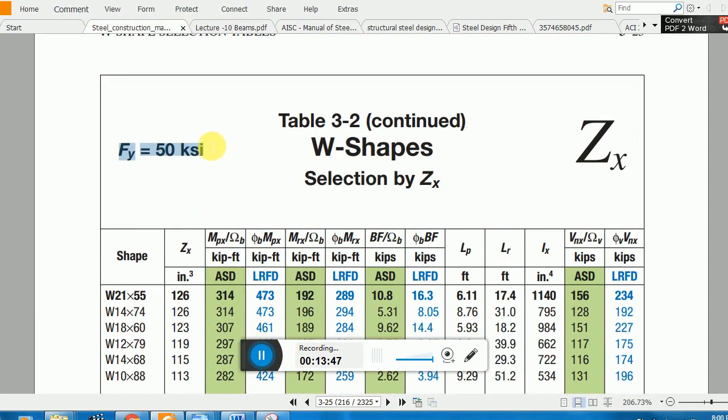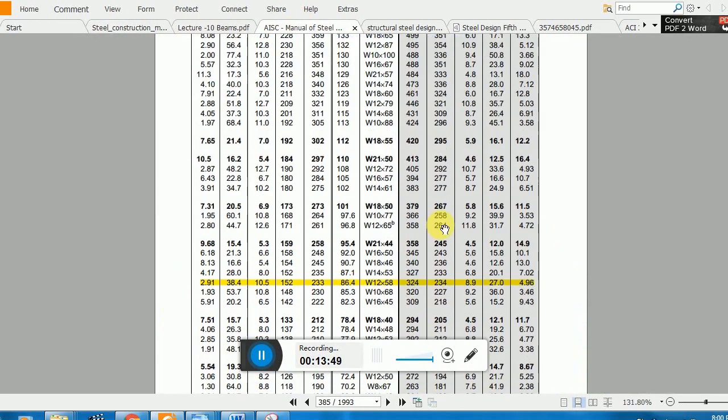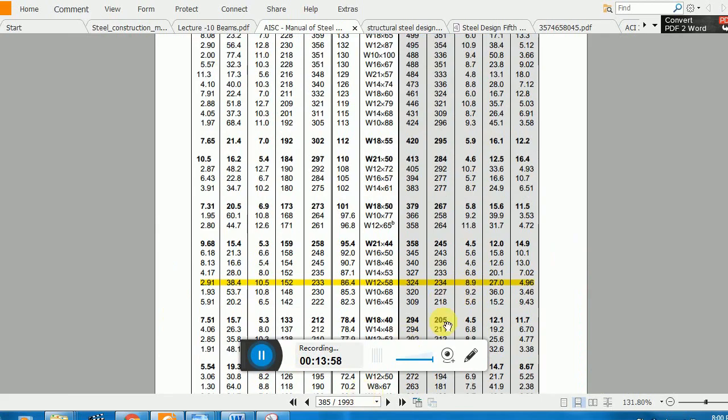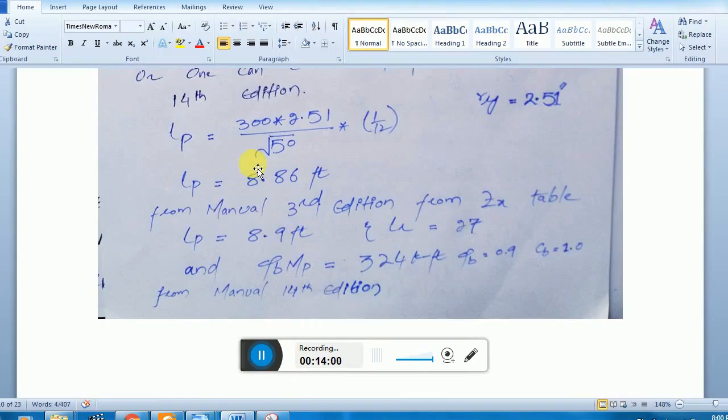Make sure. And here you see 12x58 has an Lp value of 8.9, I think. Yes, 8.9. So we are close. You can either calculate it or select it from the manual, 8.9. And Lr is basically 27.